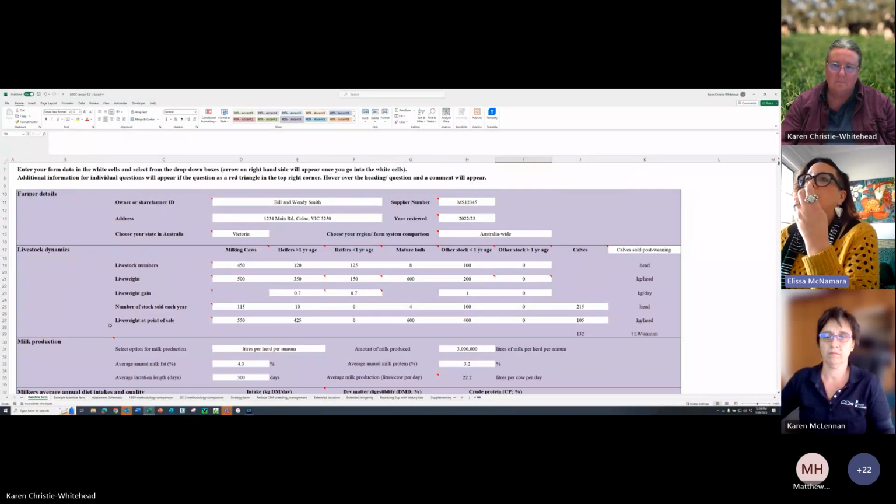But the purpose of the calculator and farmers doing their carbon number is to get them ready for when people are asking for this number, and being a bit ahead of the curve on that part.